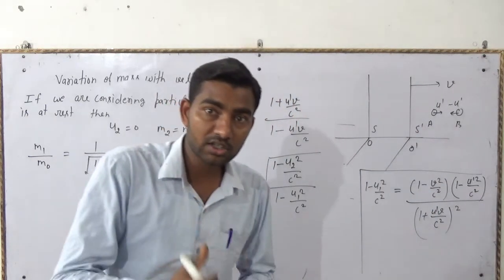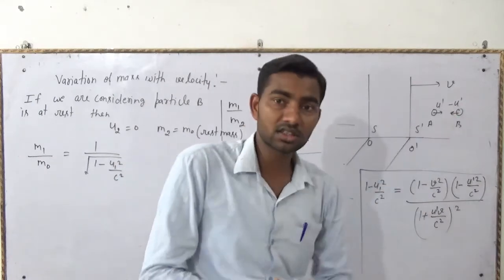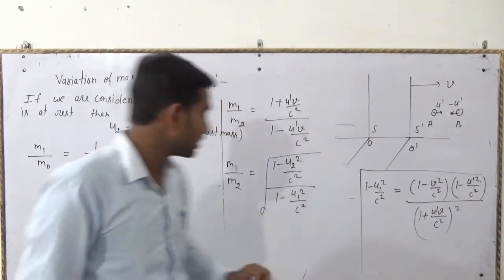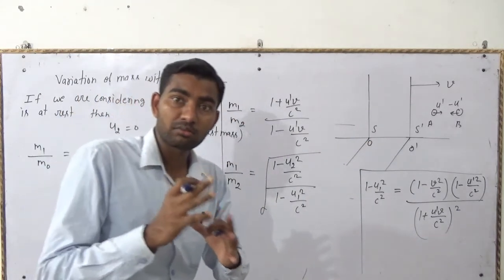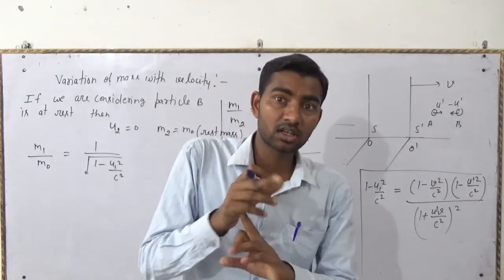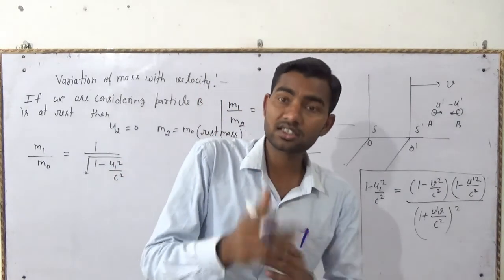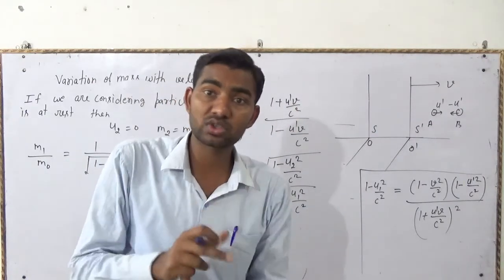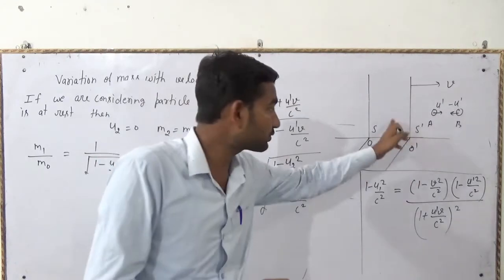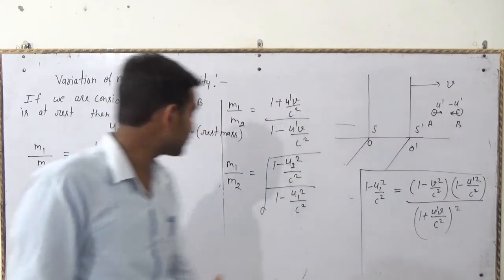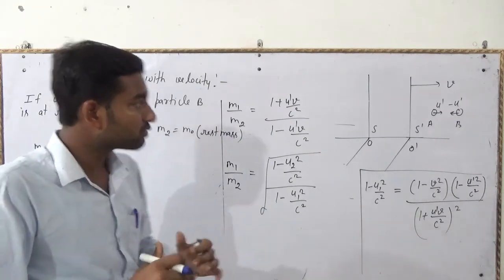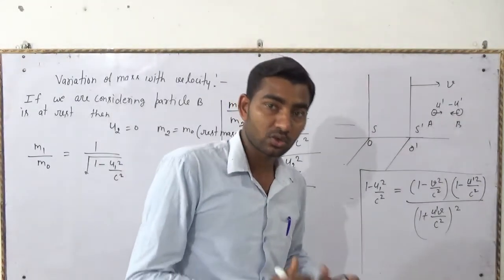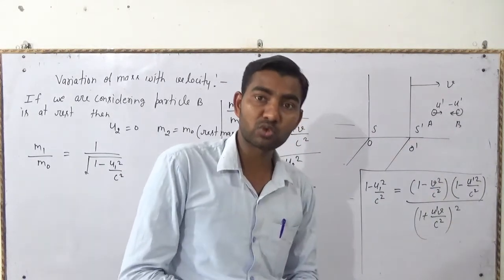If we assume this particle is moving with velocity u1 with respect to S, it was my assumption in the previous lecture. In the starting we discussed the velocity of particles A and B is u1 and u2 with respect to frame S. So if u1 is present, it means this particle is moving and the other is at rest. So it has rest mass and it has moving mass.